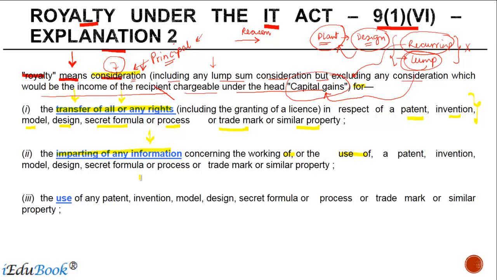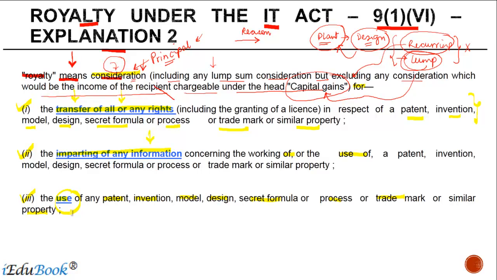Right? So this is the second part that we discussed. How it applies individually to each one of them, that we will see when we come to each of these clauses independently.